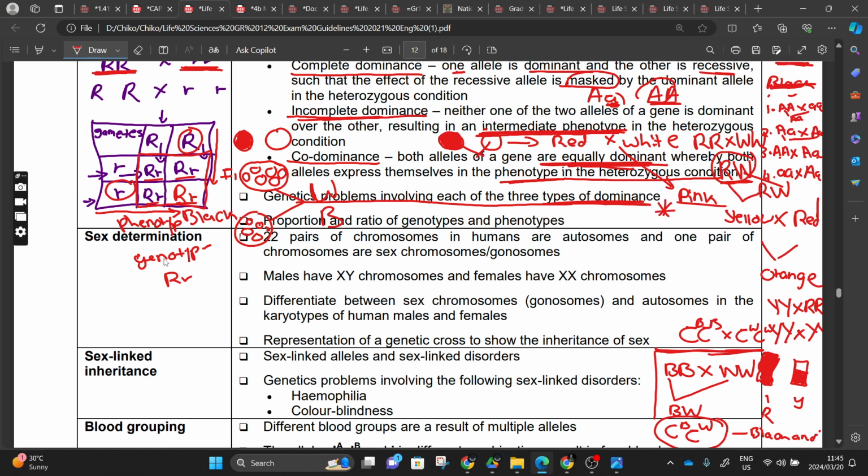Then they also ask for proportion and ratio of genotype and phenotype. Here we are going to have a genotype ratio of 100%, all of them RR, and the phenotype is going to be 100% black.